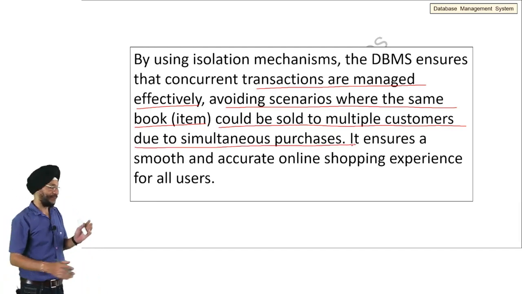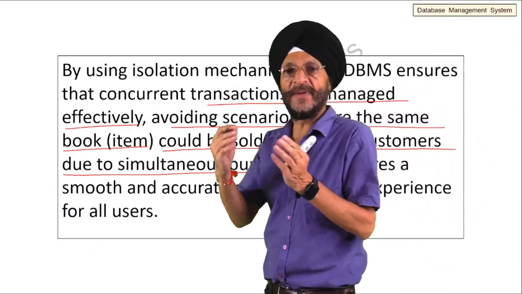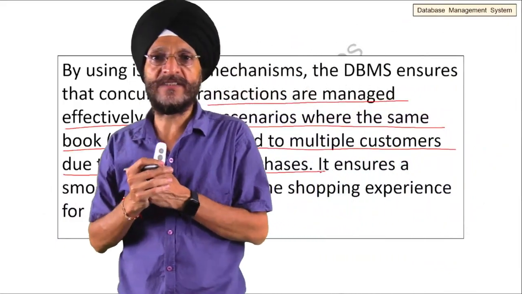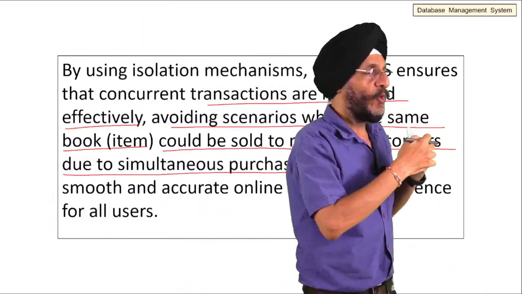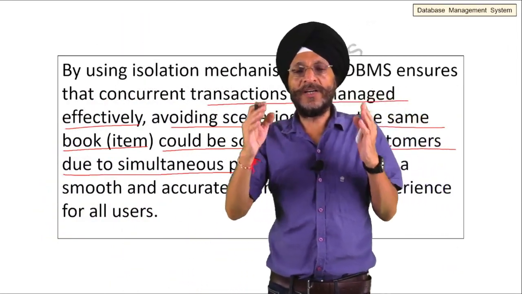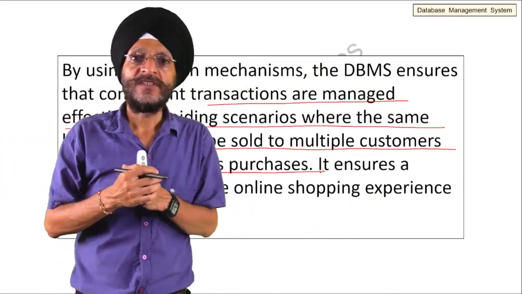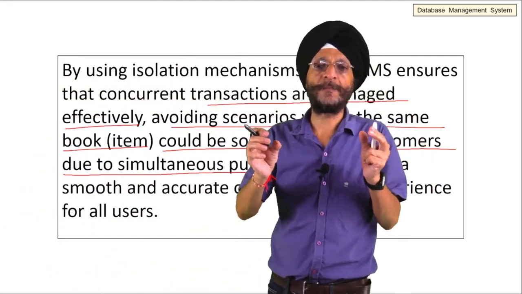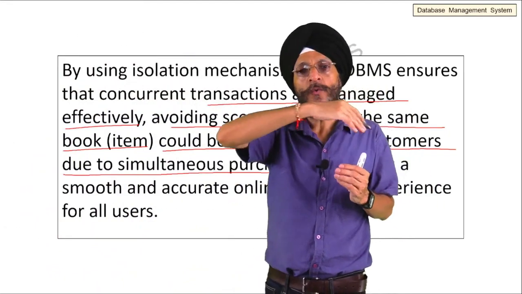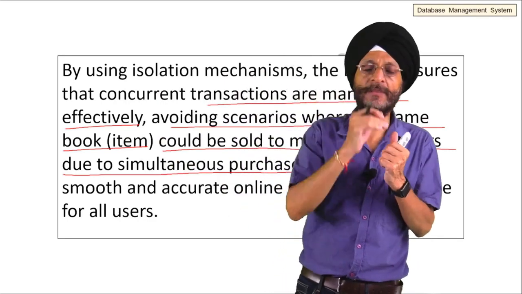It means that when we make multiple purchases on online sites, if there was no isolation property of DBMS in force, then the situation would have arisen that the same item would have been sold to many customers. Suppose there were only 10 items available on the site.